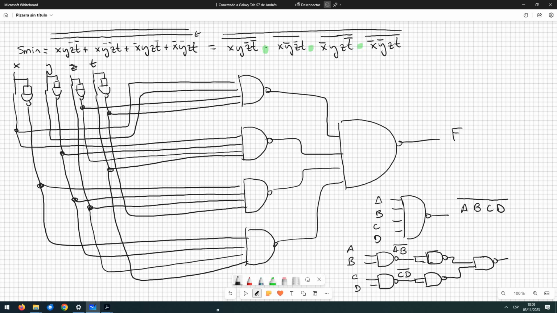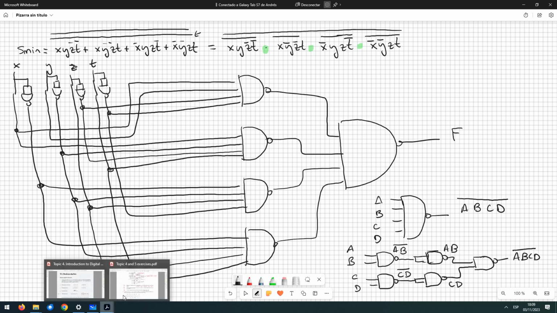If we invert this, we have this and this, applying De Morgan's law. Double negation is just the variable without negation. And here, finally, we have the same result. So we have to use more NAND gates in this case, but we can use NAND gates with fewer inputs.